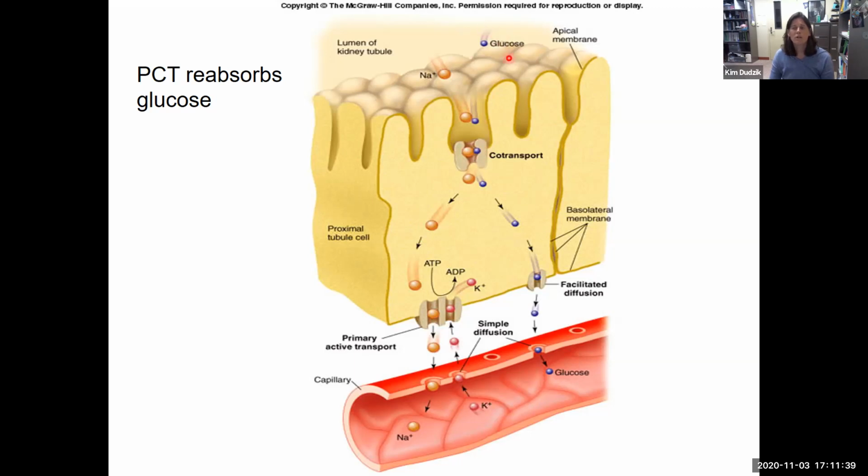If you have more glucose running through here than that, then it passes through the PCT because all these doors are clogged up. So if this is unavailable, then this glucose is going to move to the next one, move to the next one. If it gets all the way out of the PCT, we don't have any more chances of reabsorbing glucose because we don't have the transporters on the other part of the nephron.